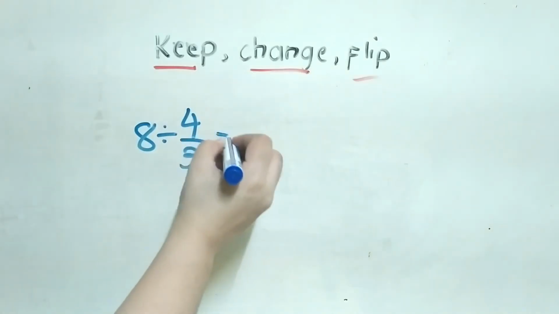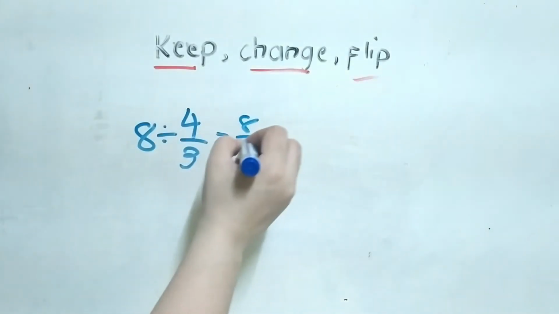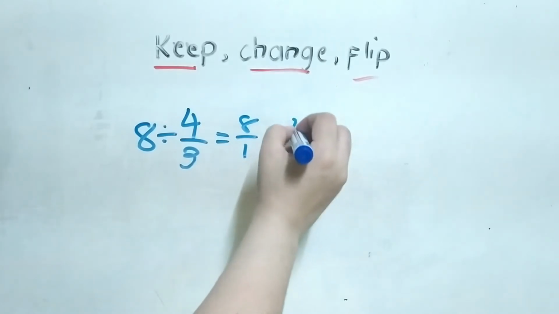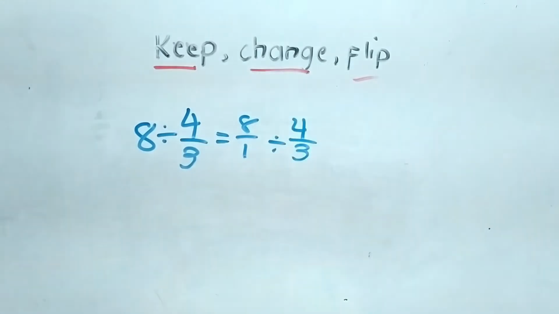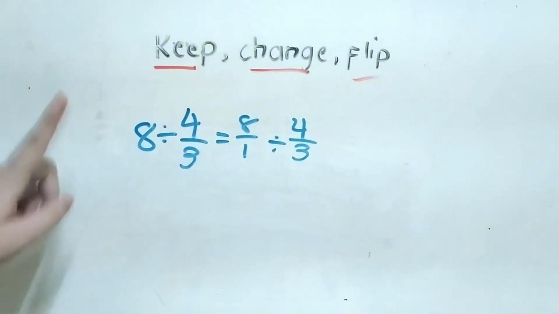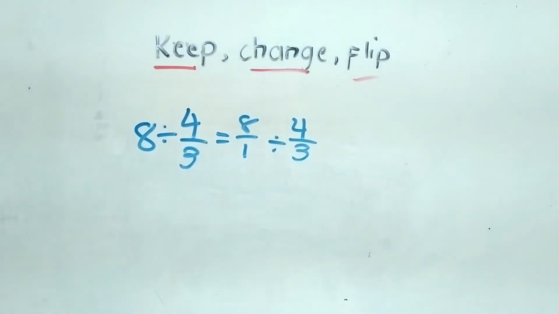Gagawin natin siyang 8/1 divided by 4/3. So, again, kapag whole number ang ating example, gagawin natin siyang fraction. So, how? Automatically, ang kanyang denominator is equal to 1. And then, do the rule.